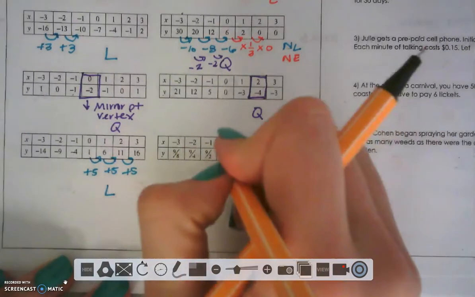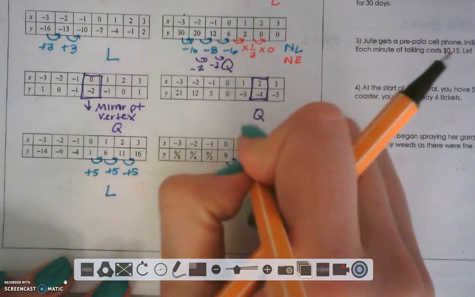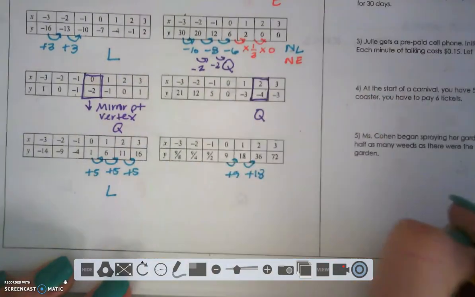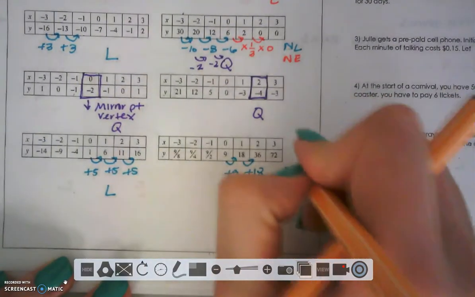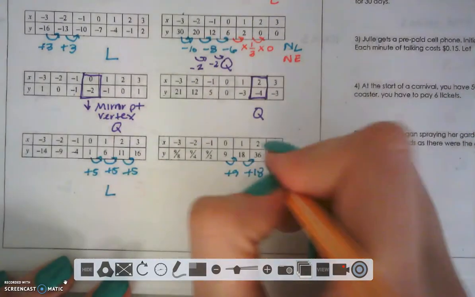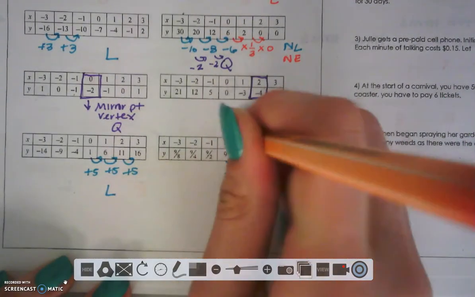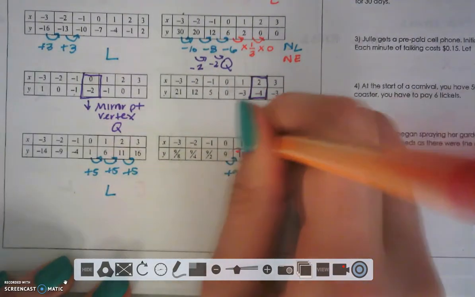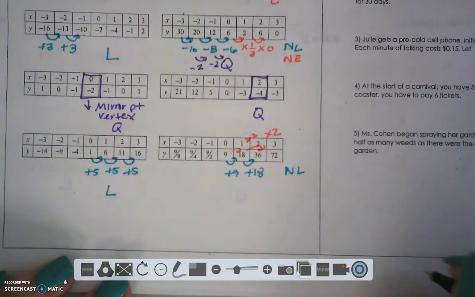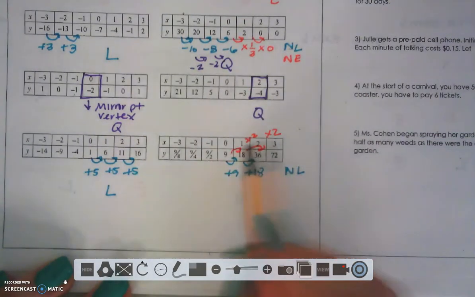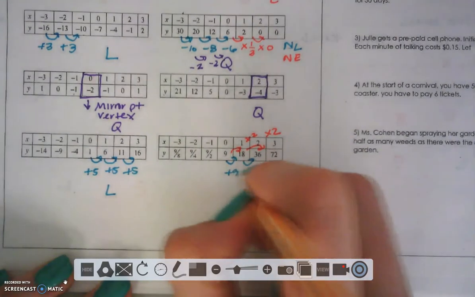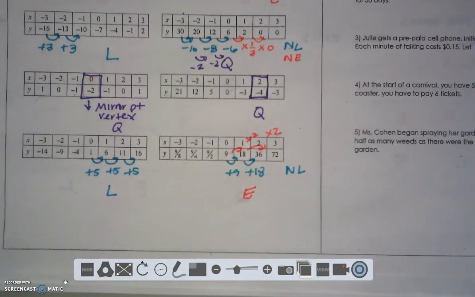Am I adding the same thing each time? No, that's not linear. Am I multiplying by 2 each time? That answer is yes. That constant multiplication, or that constant increase, an increasing rate, represents an exponential function.